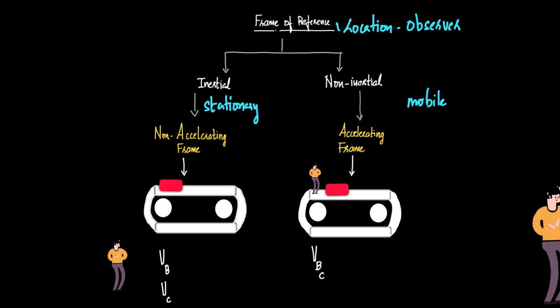Okay. Now, one simple example to understand this would be a person. Say for example, instead of a conveyor belt, try to assume that this is a bus, and somebody is sitting in the bus, and you are observing the person. So what's happening here?